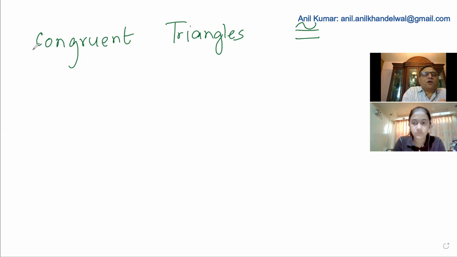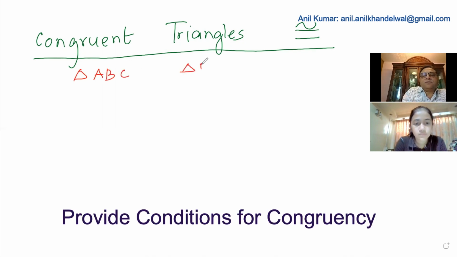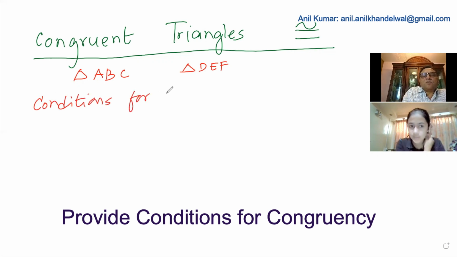Now, for congruent triangles, give me the conditions. Let us say we have two triangles, triangle ABC and triangle DEF. If I have to prove that they are congruent, what are the conditions? How can we prove it? By the SAS test and SSS test.